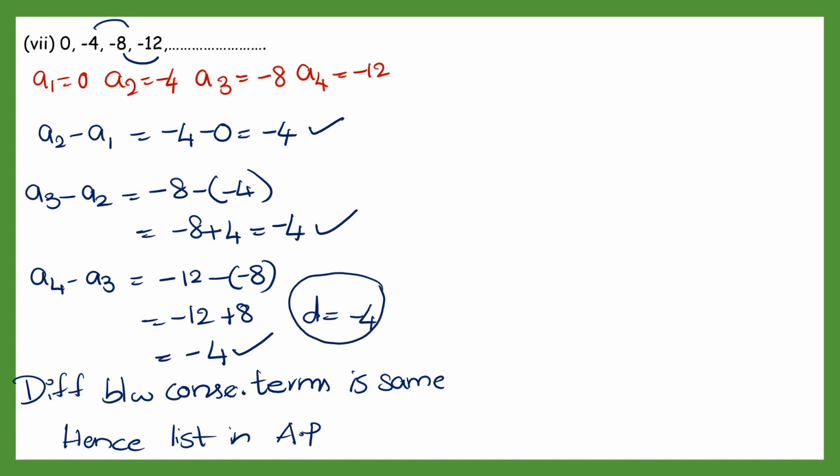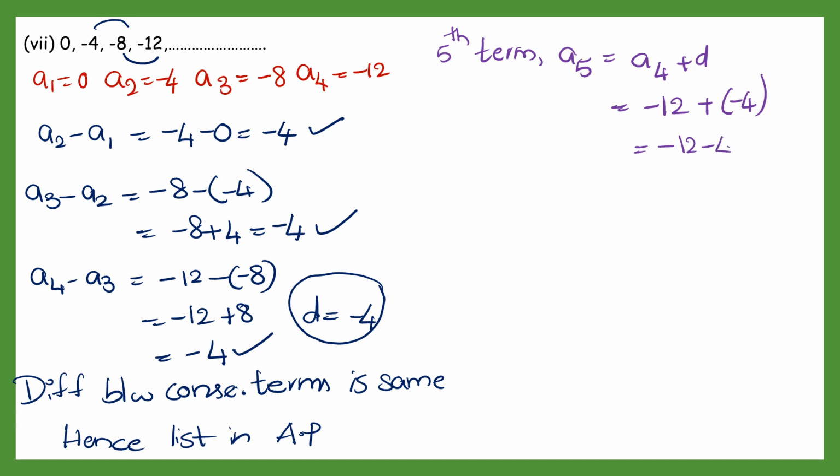Now let's find the fifth term. Fifth term A5 is nothing but fourth term A4 plus common difference. So A4 is what? Minus 12 plus minus 4. So minus 12 minus 4, that is nothing but minus 16.